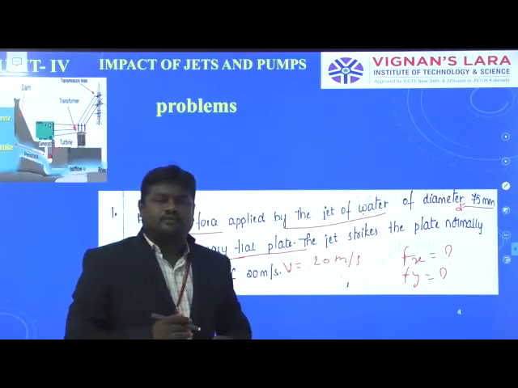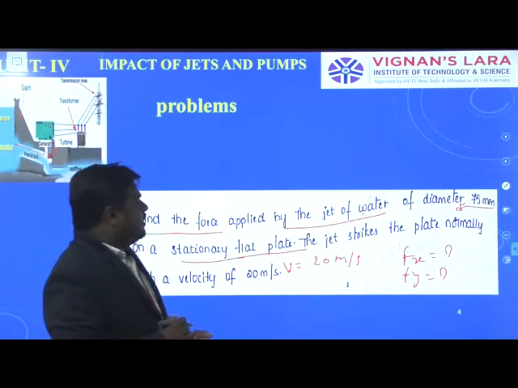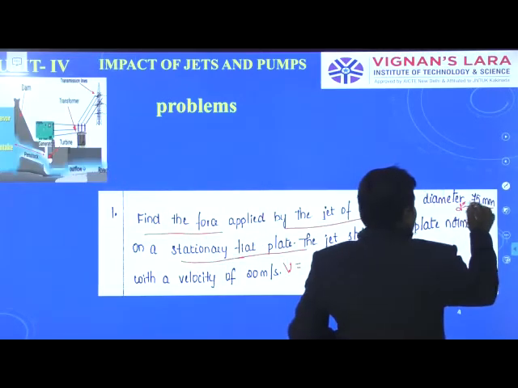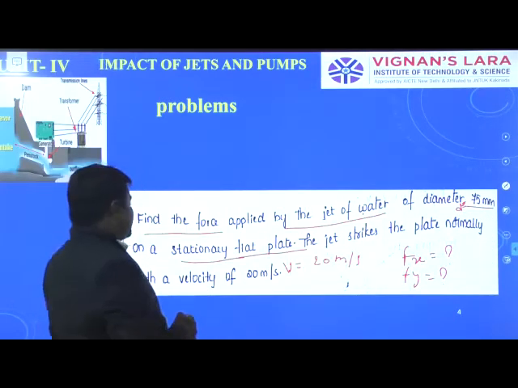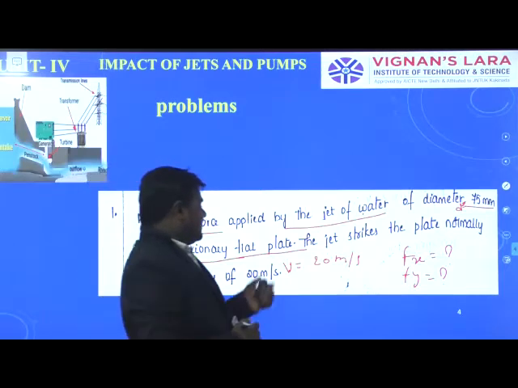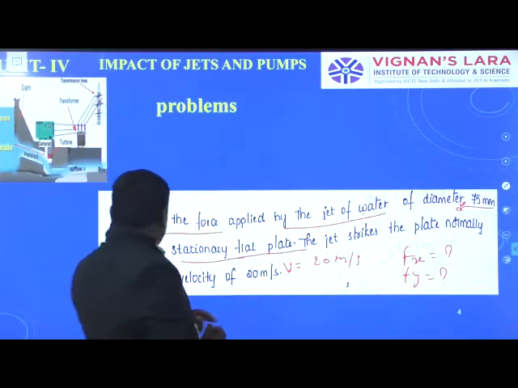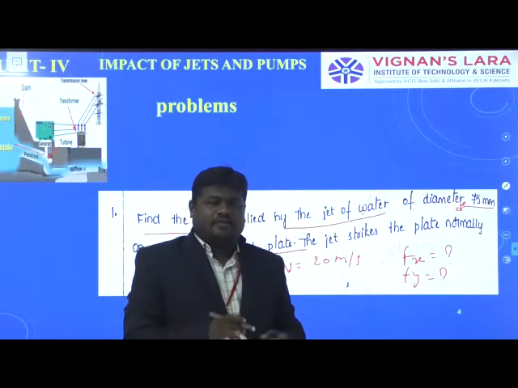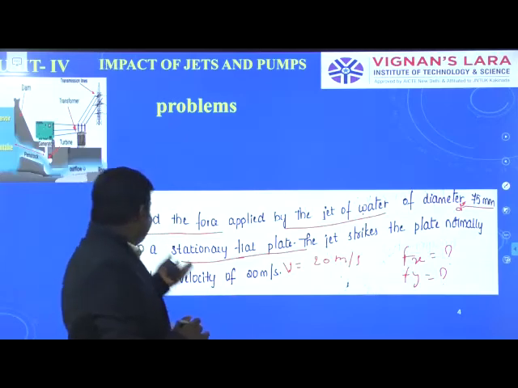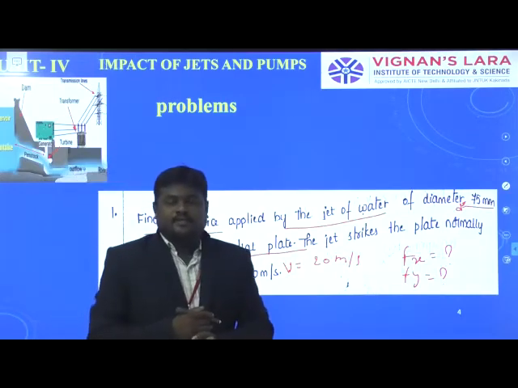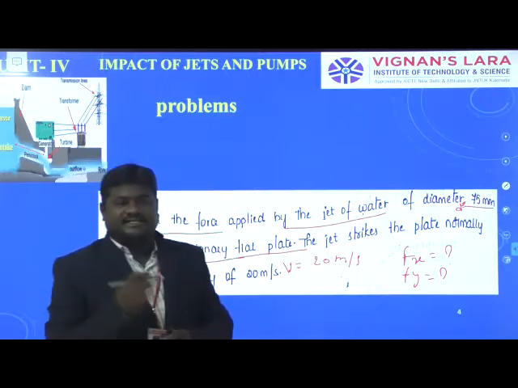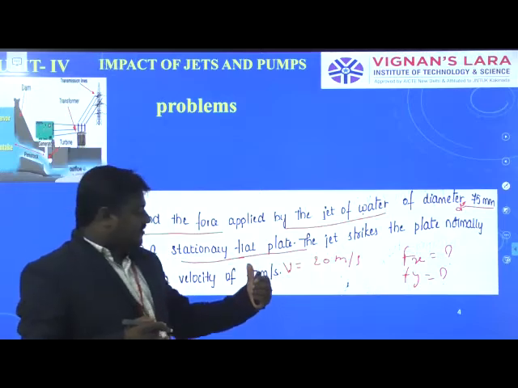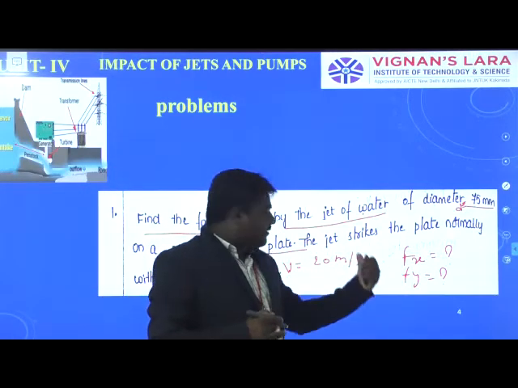The jet has a diameter of 75 mm and strikes a stationary plate normally with a velocity of 20 meters per second. We have to find the forces applied: two forces, Fx in the x direction and Fy in the y direction.